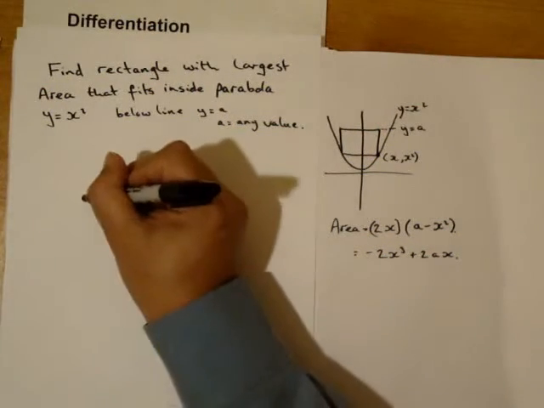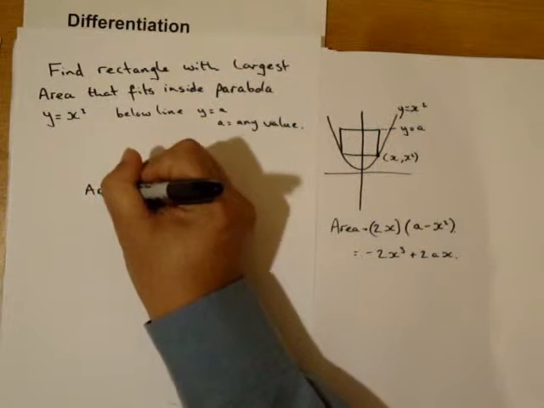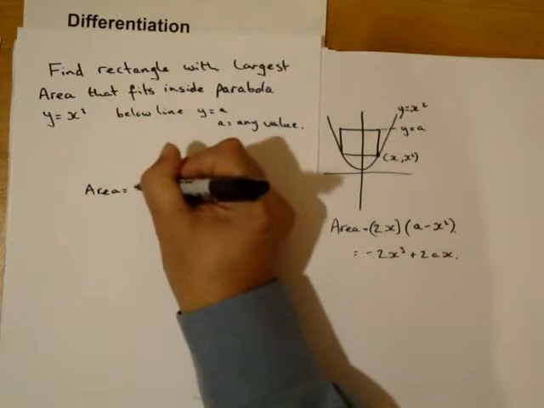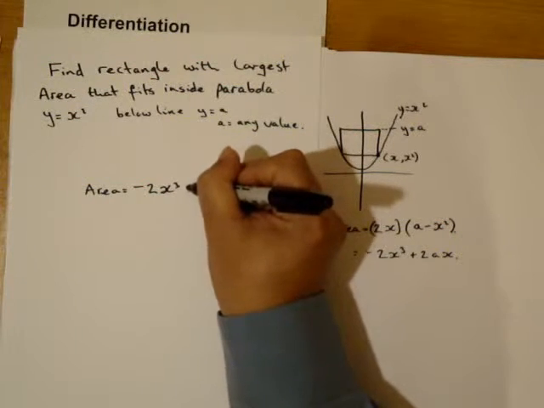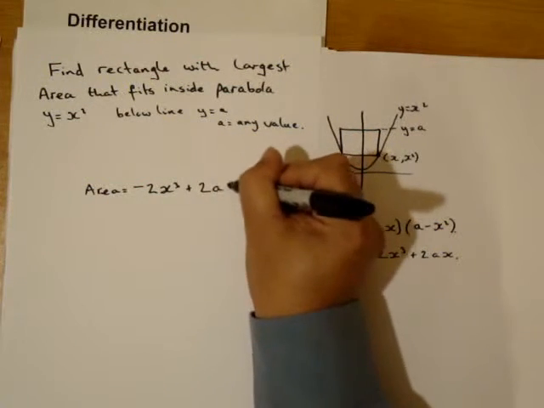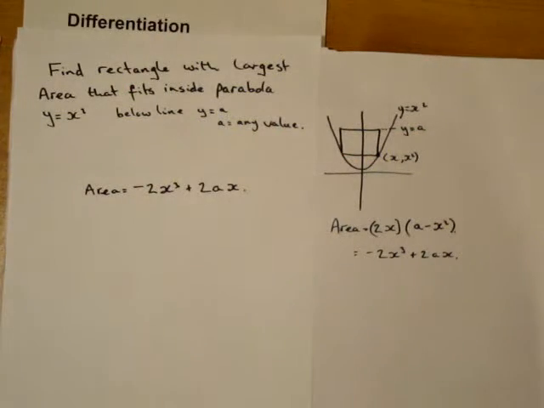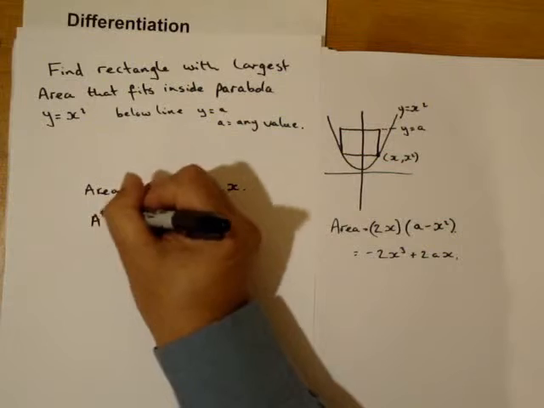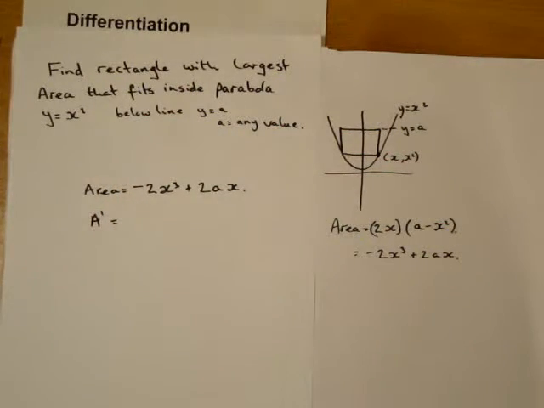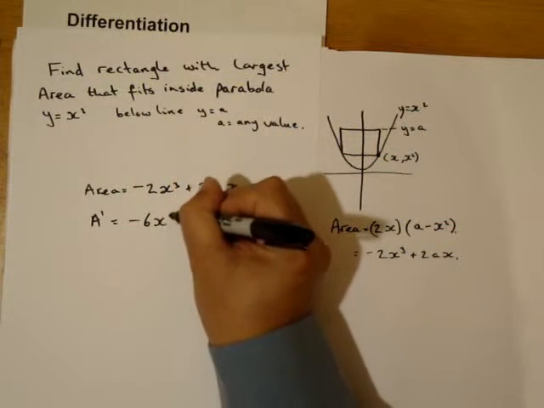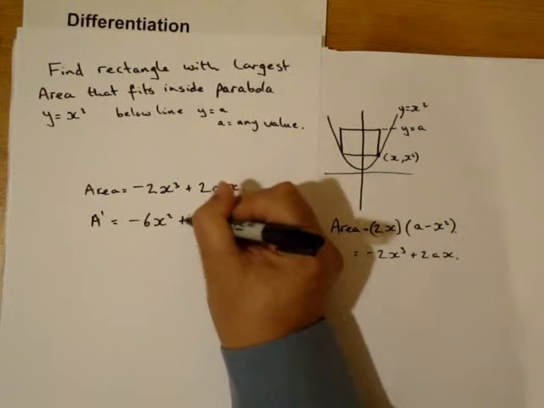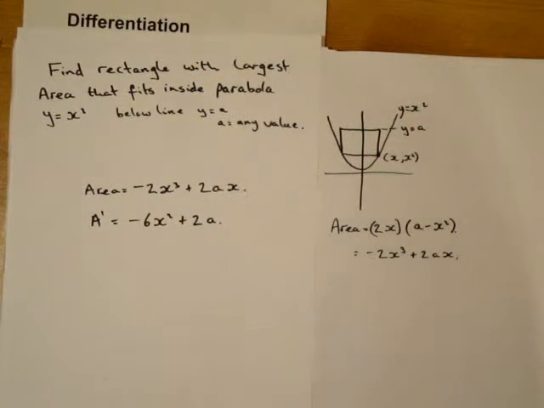So the area equals minus 2x cubed plus 2ax. When we differentiate, we get A dash equals minus 6x squared plus 2a.